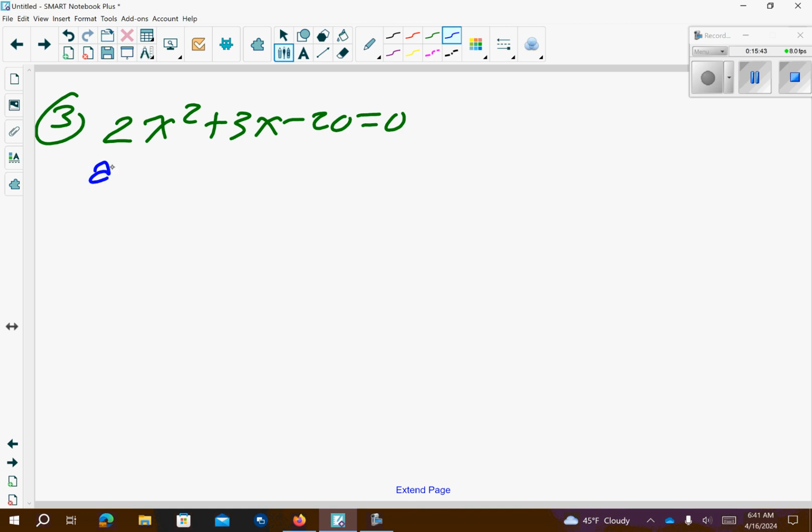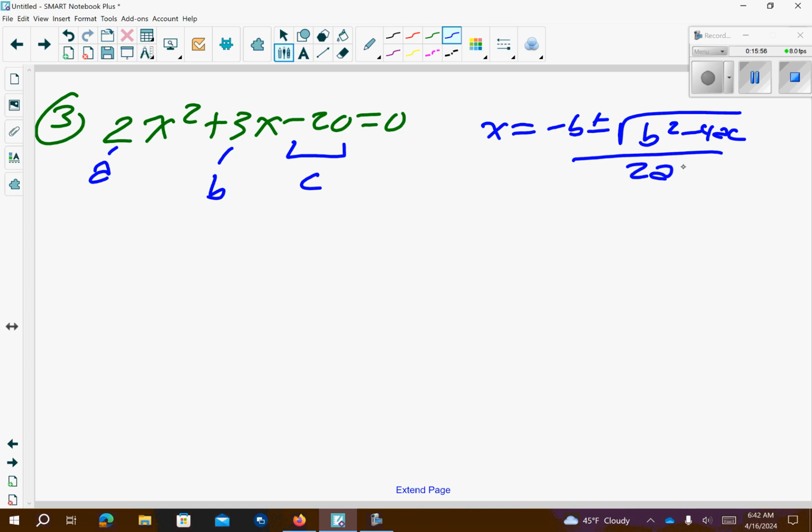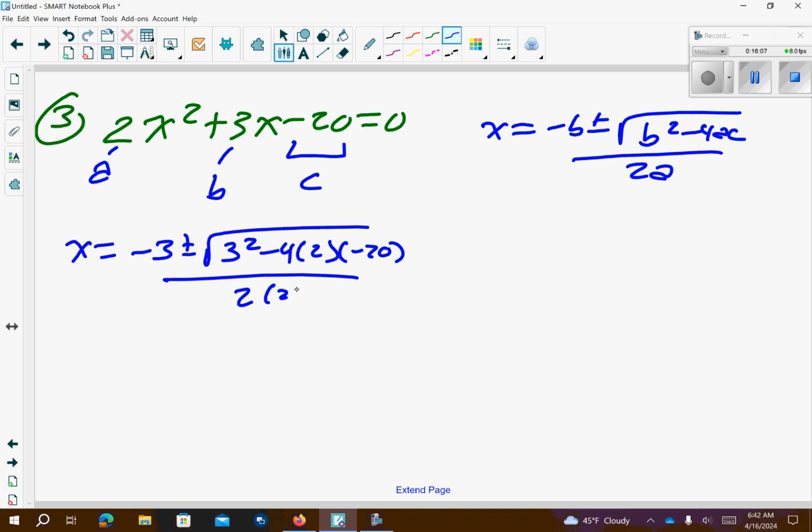So my a value is 2, my b value is 3, my c value is negative 20. Remember, x equals negative b plus or minus square root b squared minus 4ac, all divided by 2a. So I'm going to get x equals negative 3 plus or minus square root 3 squared minus 4ac, all divided by 2 times 2.